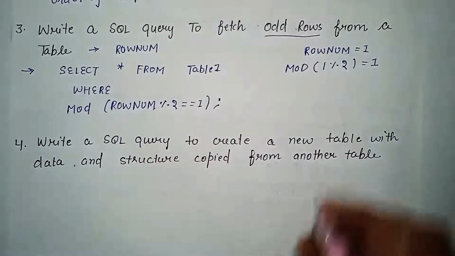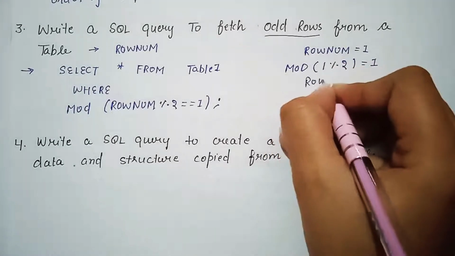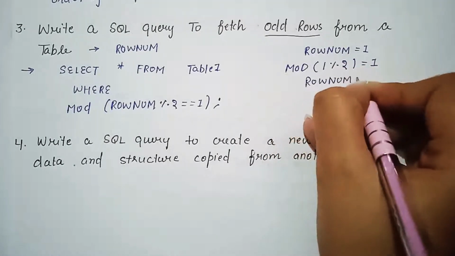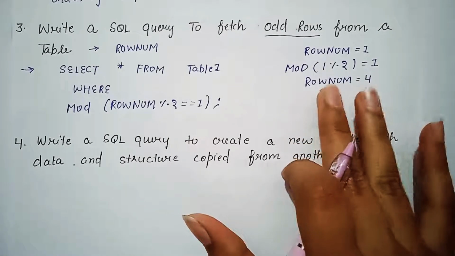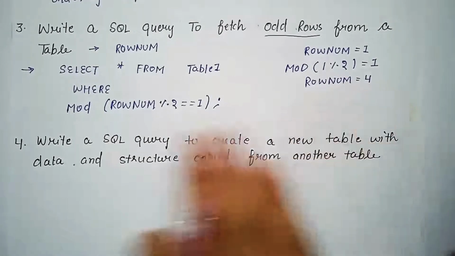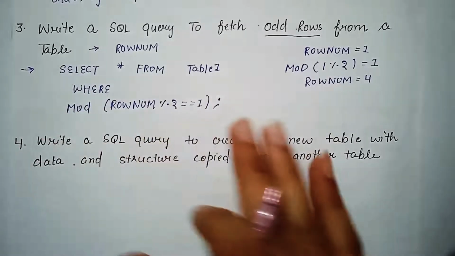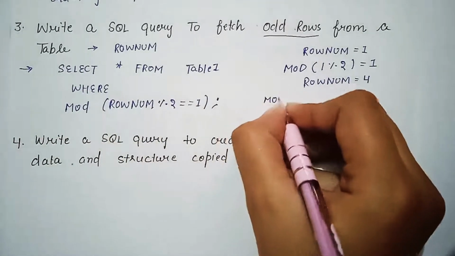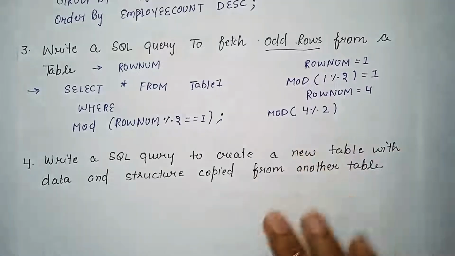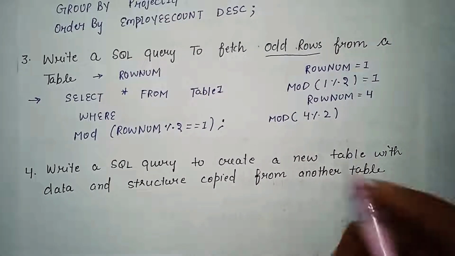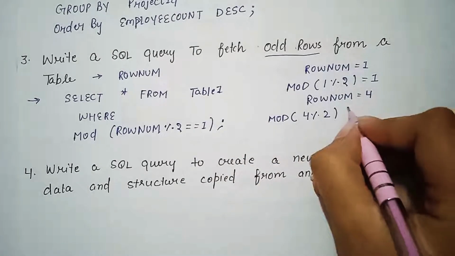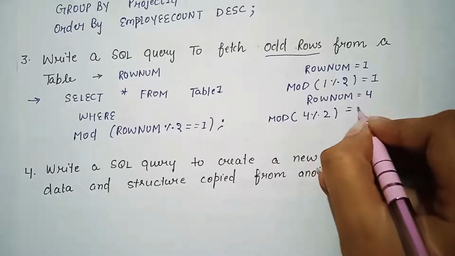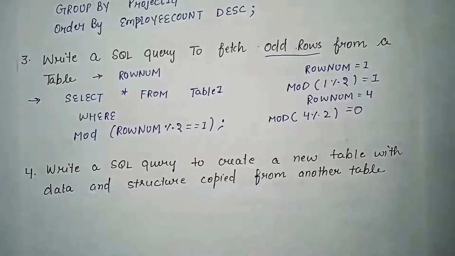Let's say we have encountered a row having ROWNUM equal to 4. As we know, it is an even place, so that means it is an even row. Now let's see how it will identify it as an even row. It will find the mod of 4 % 2. As we know, the mod of 4 % 2 is equal to 0, which is not equal to 1.